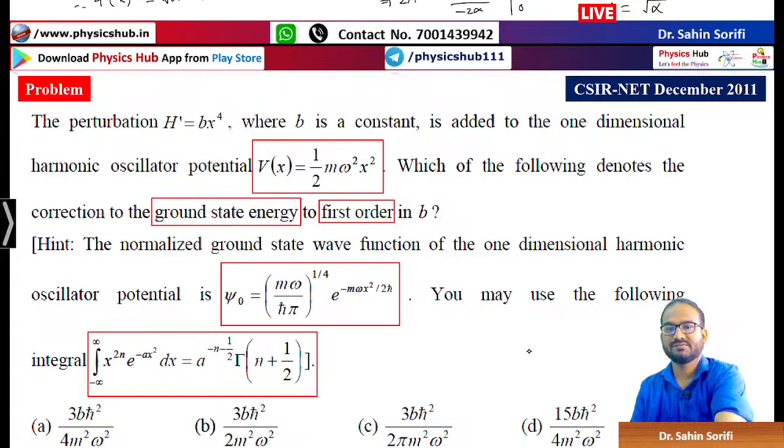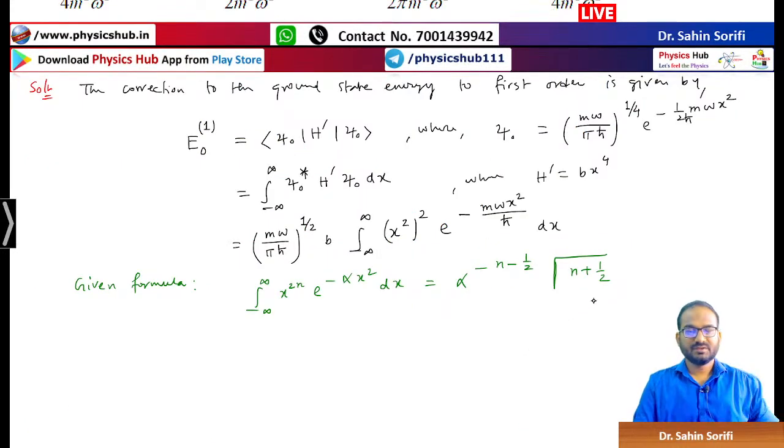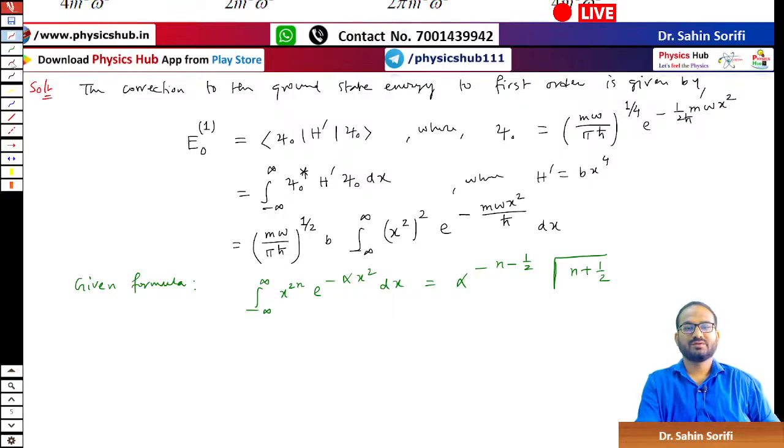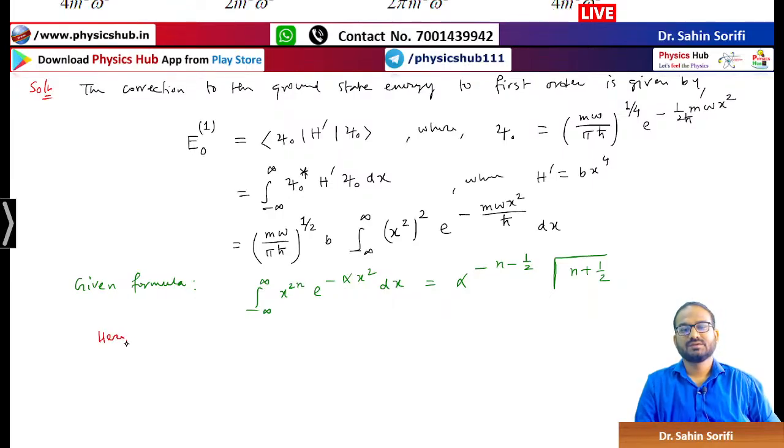This is what is given in the question. So for this integral, what do we have? n is obviously 2, and alpha is equal to m omega by h cut.